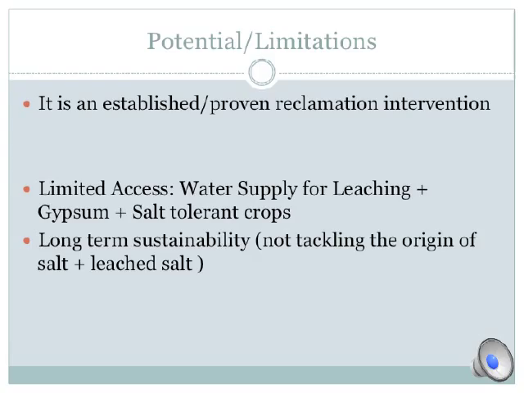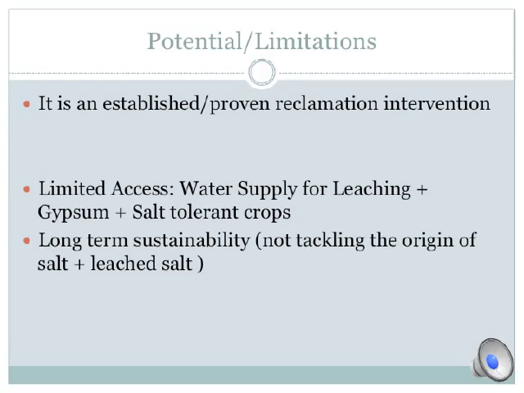So it is already an established and proven reclamation with a long-standing history, at least since the 60s. Pretty much the big issue is having enough water supply to do the leaching, which is not obvious because many of the salinity problems come from water deficiencies.